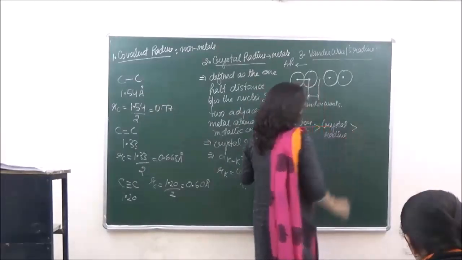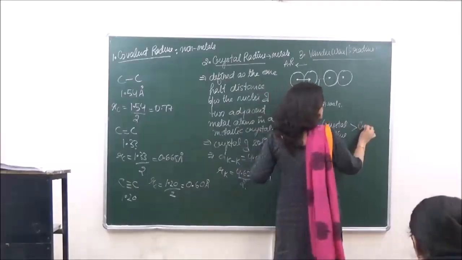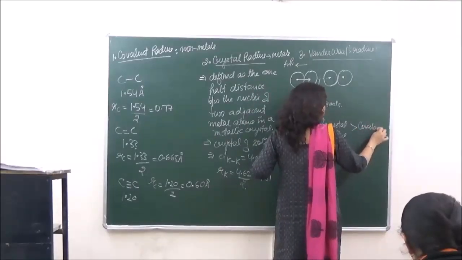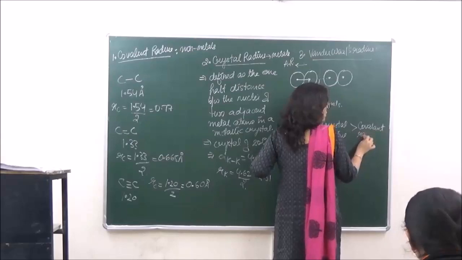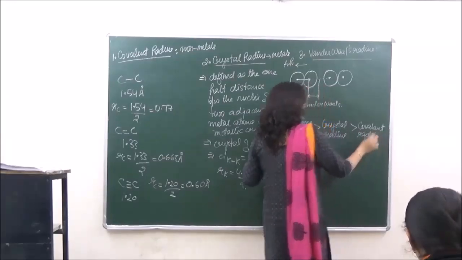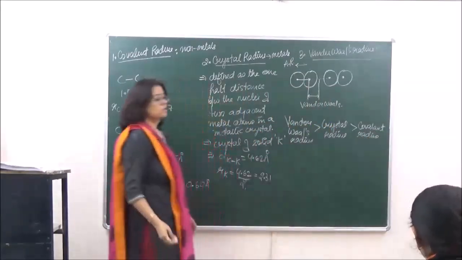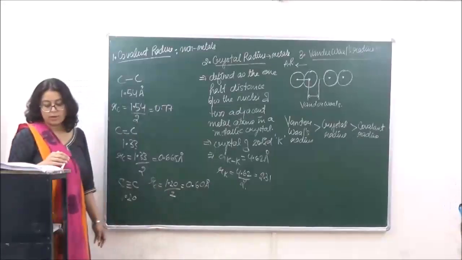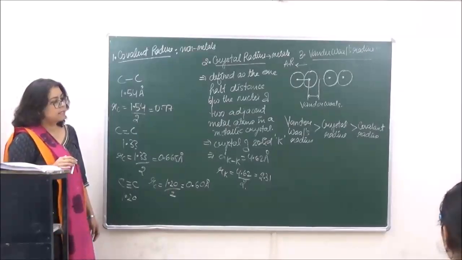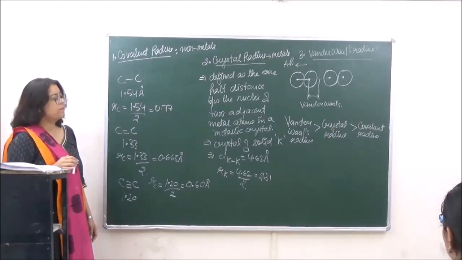And after that is the covalent radius. So the size of covalent radius is the smallest amongst all. Okay? Clear ho gaya? Okay.